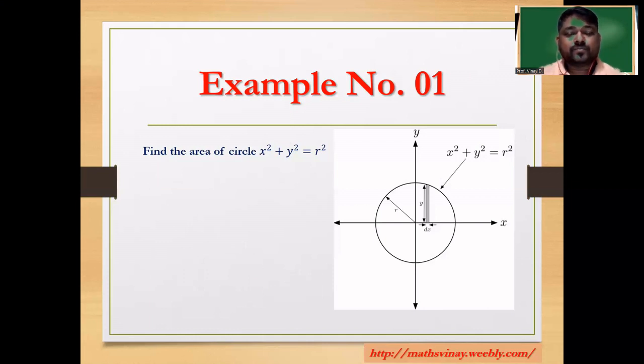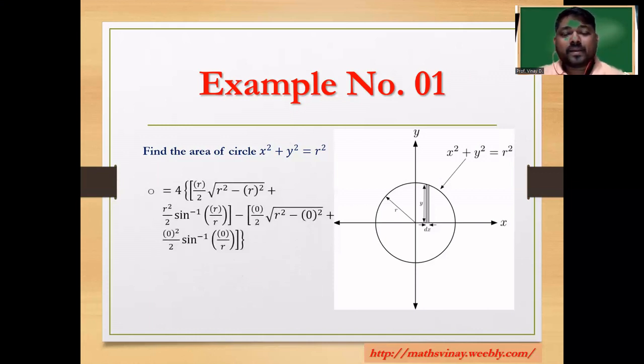If you put the upper limit x is equal to r, this gives r by 2 under root r square minus r square plus r square by 2 sine inverse r by r, minus the lower limit, that is 0 by 2 under root r square minus 0 square plus 0 square by 2 sine inverse of 0.